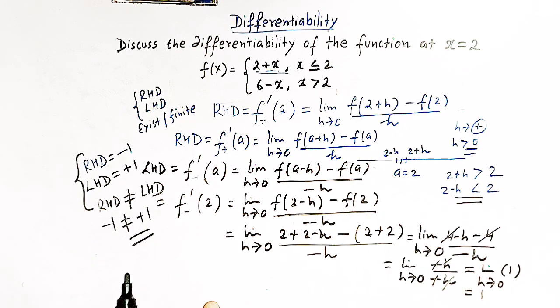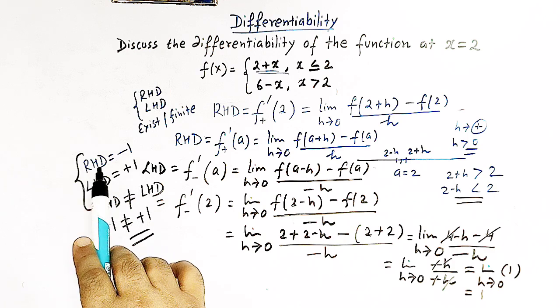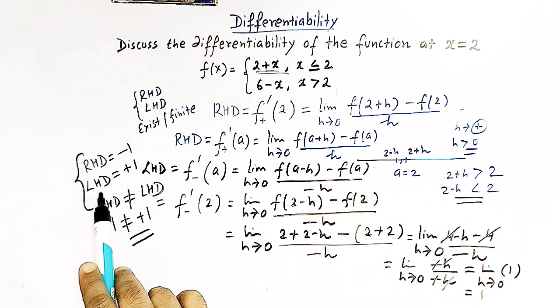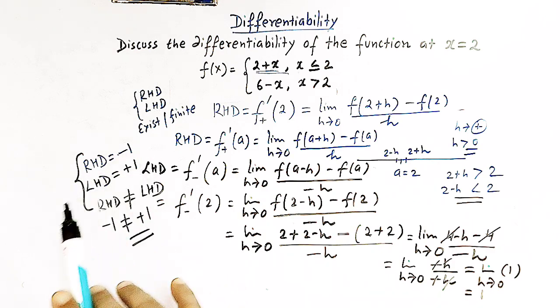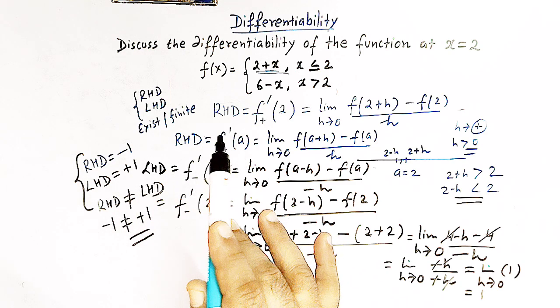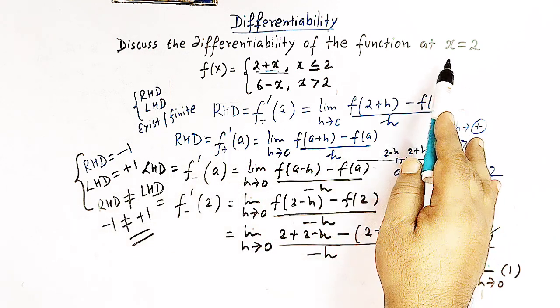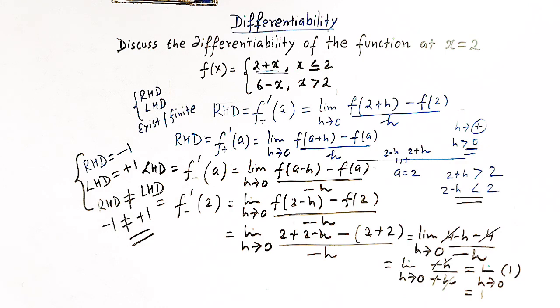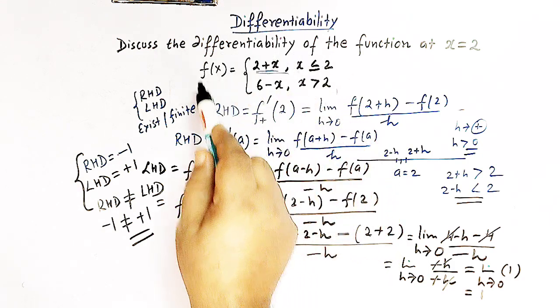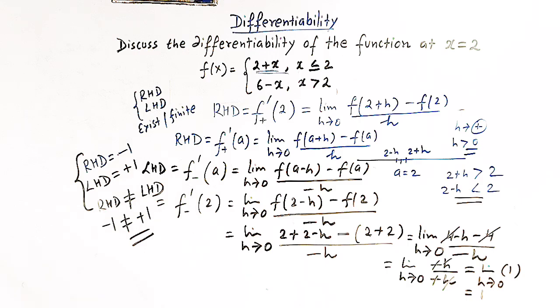So we can say that although the right hand derivative and left hand derivative exist and are finite, they are not equal to each other. So this function is not differentiable at x is equal to 2. So this is how we can check the differentiability of functions of this type at a given point.